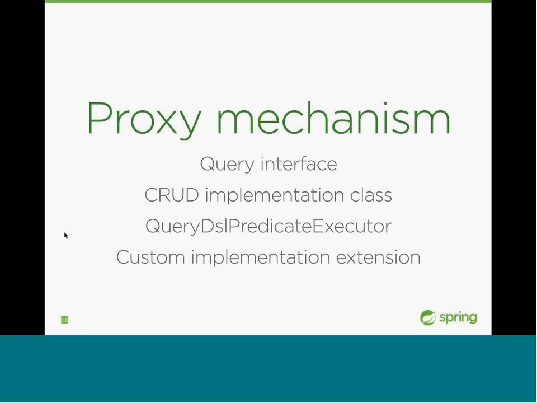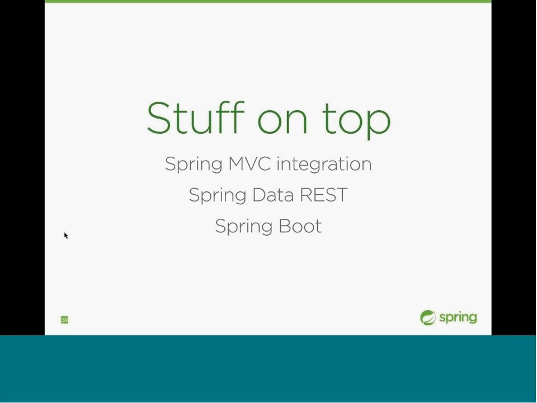Okay? So this is effectively what your repositories consist of. So we have the query interface, which combines CRUD methods, query methods, the Querydsl functionality, and the custom implementation stuff. Right. So these 4 things. All right.